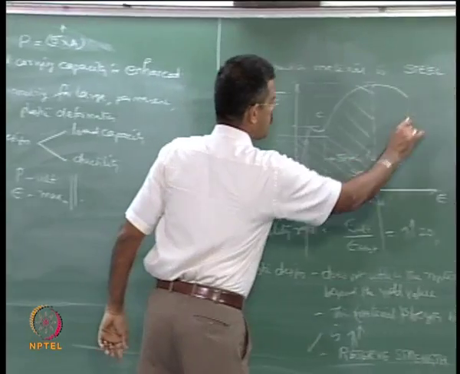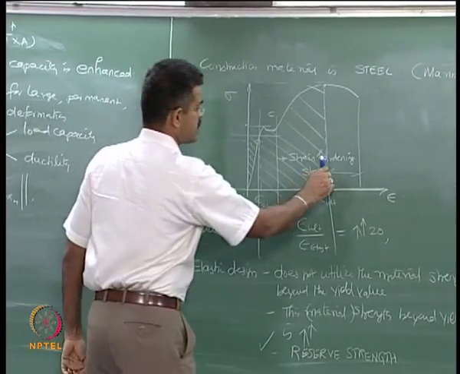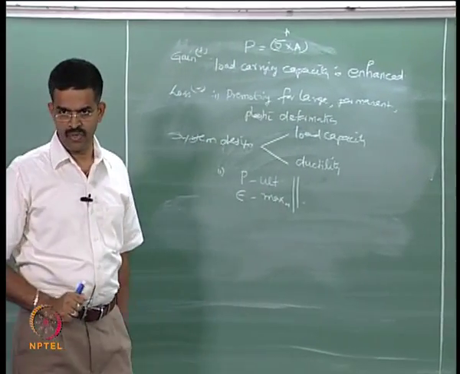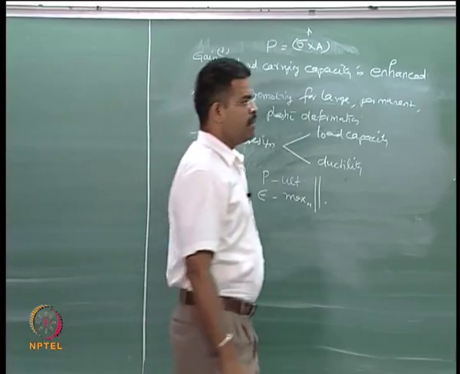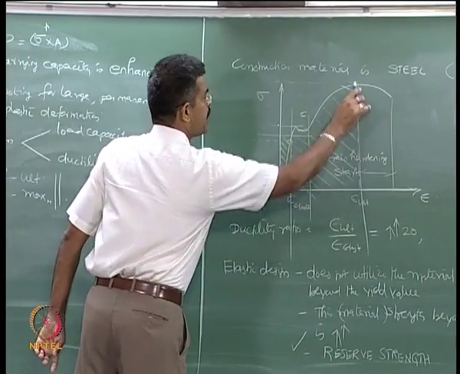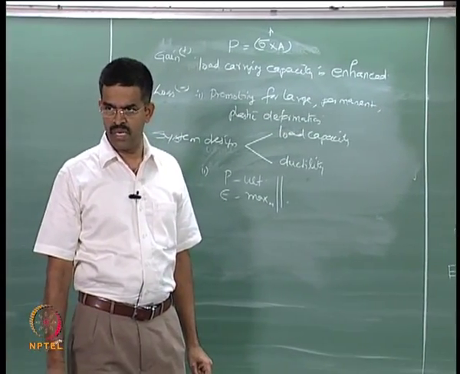beyond which also we can have, but that is instantaneous, it is more or less a cracking mode, not a failure mode. Remember, up to this point of strain the material does not fail, is that clear?